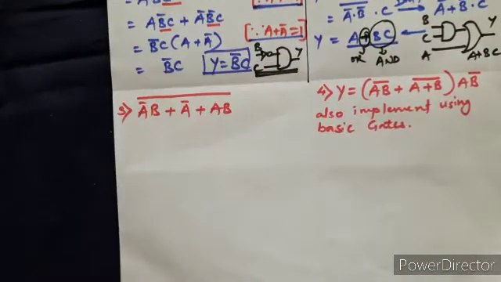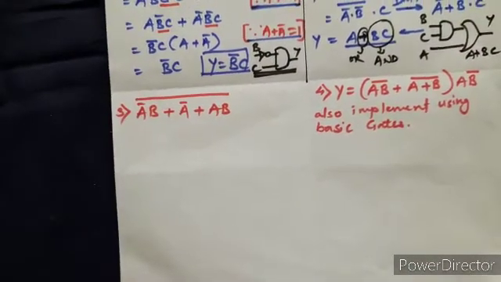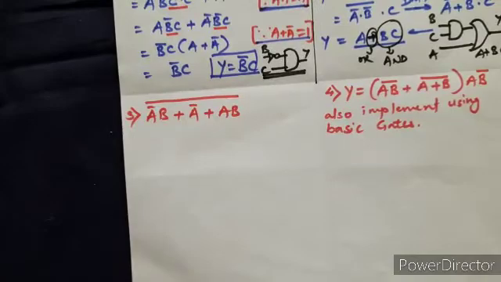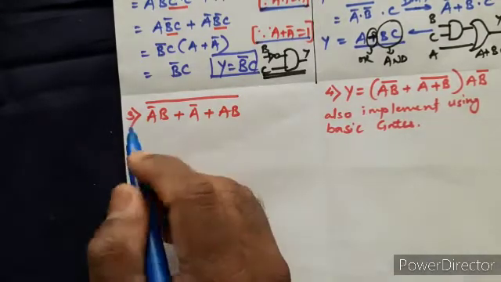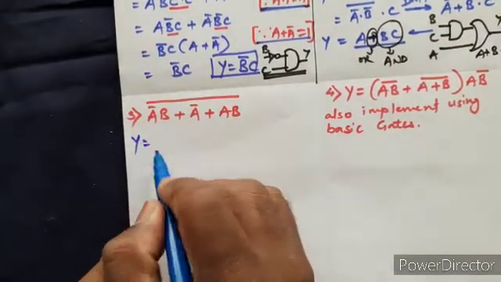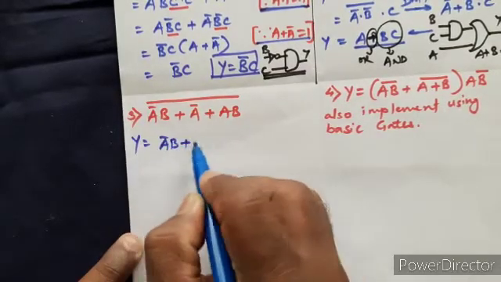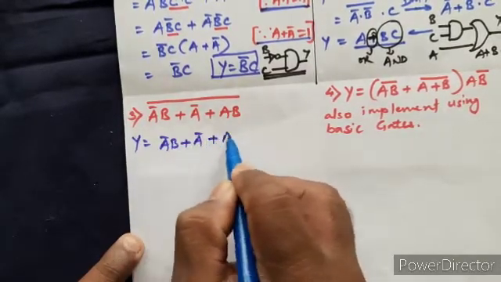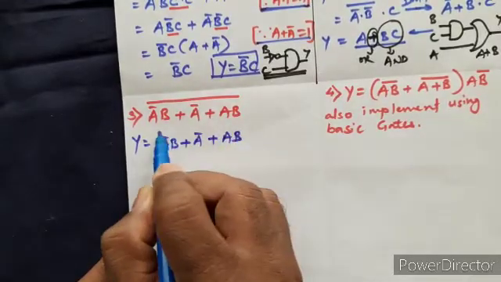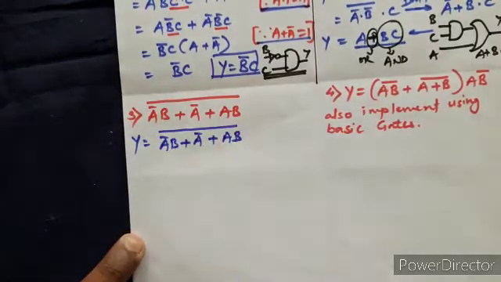Going for the next example, I have this equation Y equals A bar B plus A bar plus AB whole bar. This is the given equation.